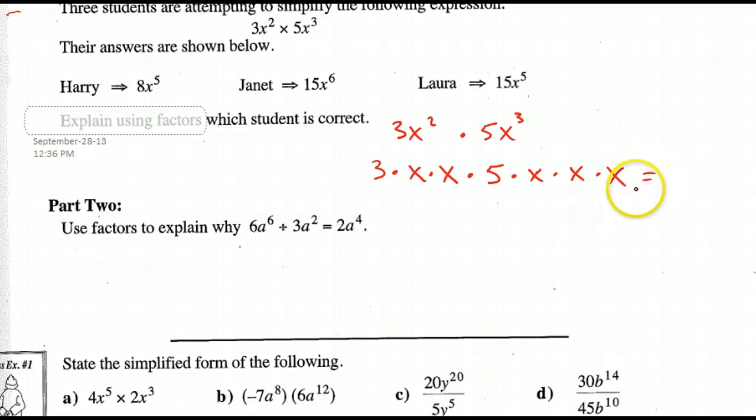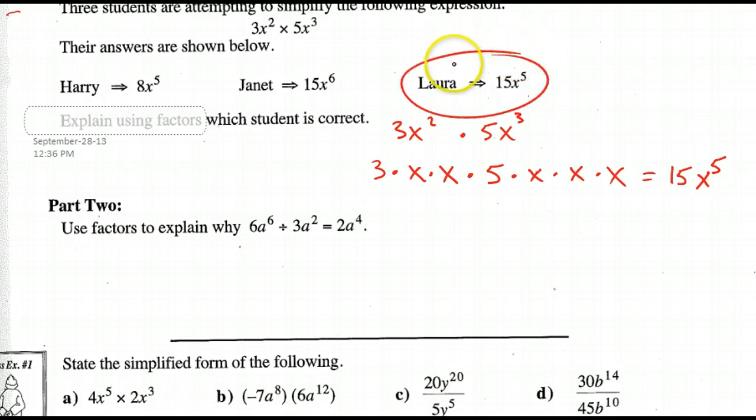So when I combine that, I have 3 times 5, which is 15, and I have x times x times x times x times x, which is x to the 5. So Laura here is correct.